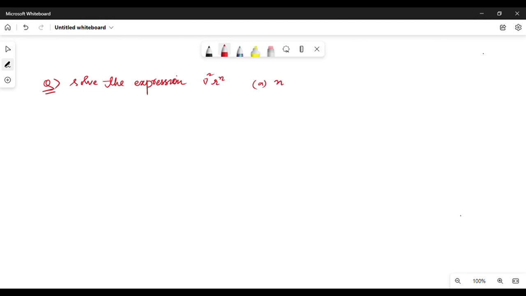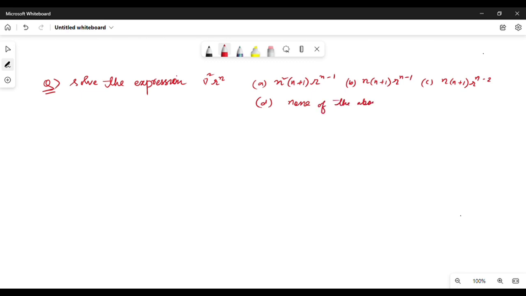First, n square into n plus 1 r to the power n minus 1. Second, n into n plus 1 r to the power n minus 1. Third, n into n plus 1 r to the power n minus 2. And fourth is none of the above.